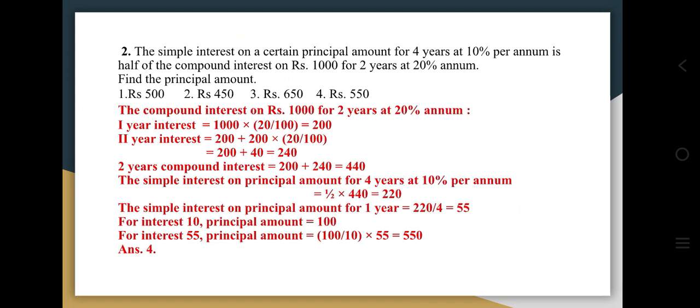So for interest 55, the principal amount we want: we have to divide 100 by 10, multiply that by 55. So 10 corresponds to 100, we want 55 corresponds to 100 by 10 into 55. So 100 by 10 is 10. So 10 into 55, that is 550. So the answer is choice 4.